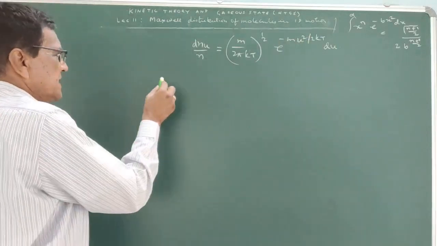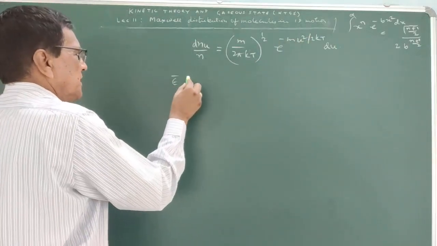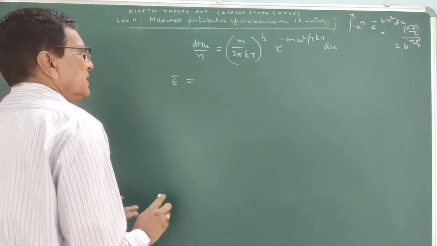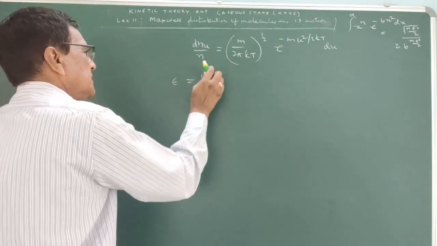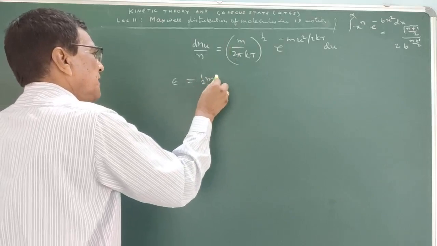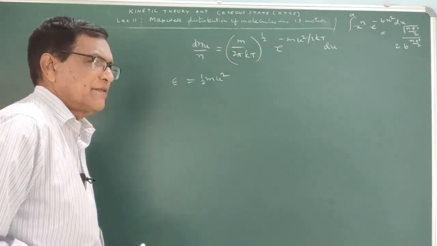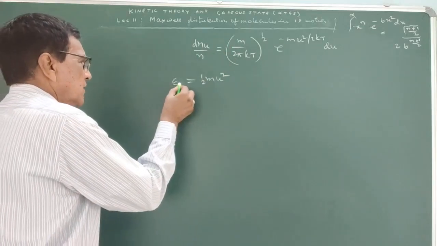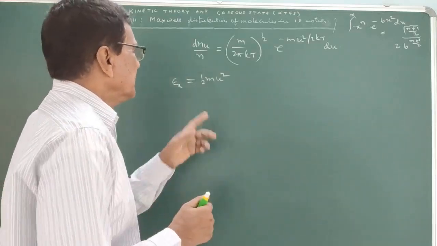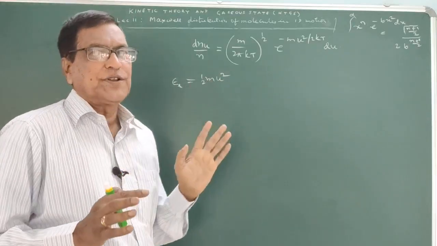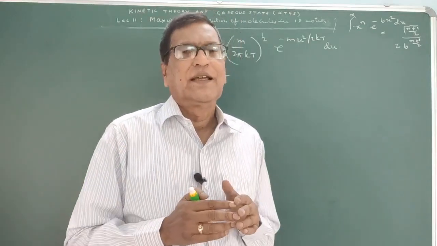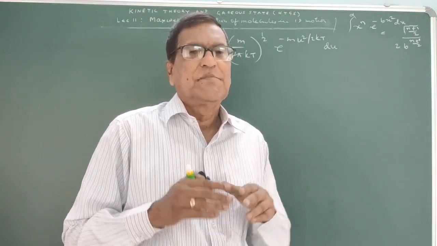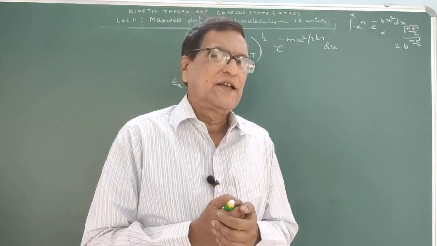So the average kinetic energy, epsilon bar, is equal to half m u square. The average kinetic energy along this x component is half m u square, u being the x component velocity with the range minus infinity to plus infinity.